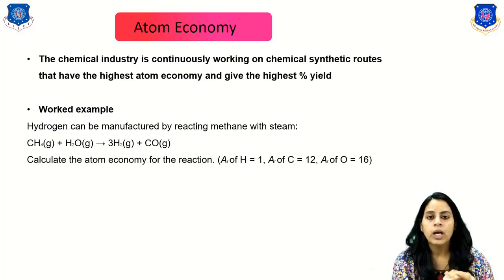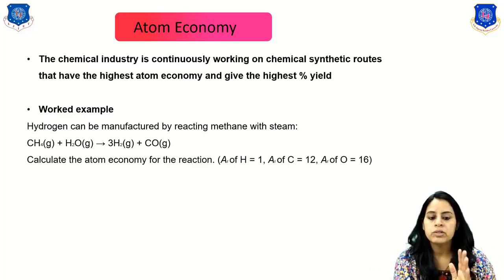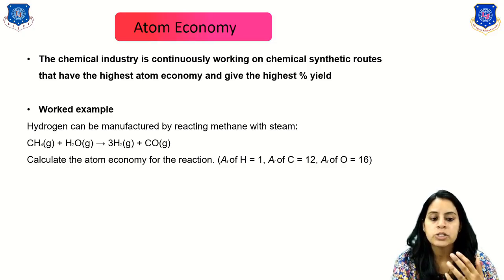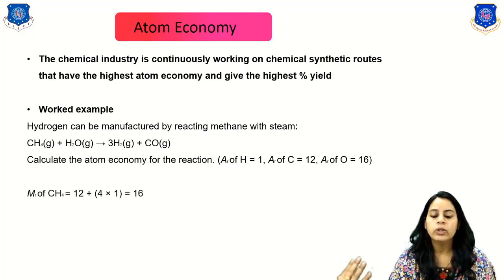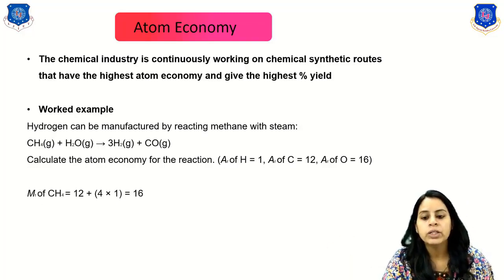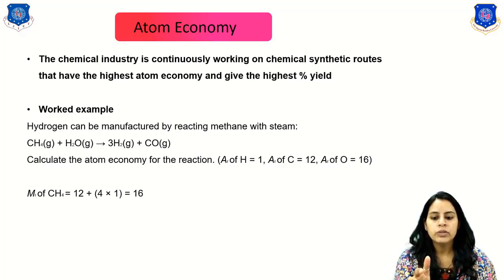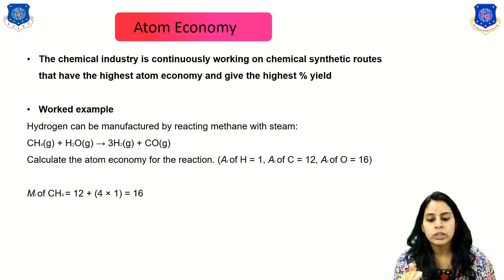So first of all, the atomic weight of hydrogen is 1, carbon is 12, and oxygen is 16, right? So here we calculate the molecular weight of methane. First we put the value of carbon, 12, plus 4 hydrogen atoms.